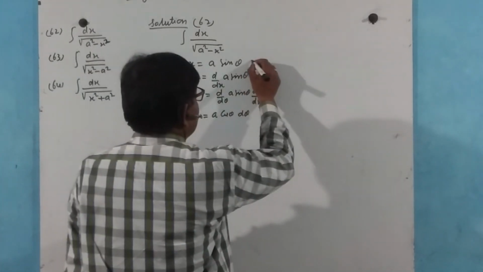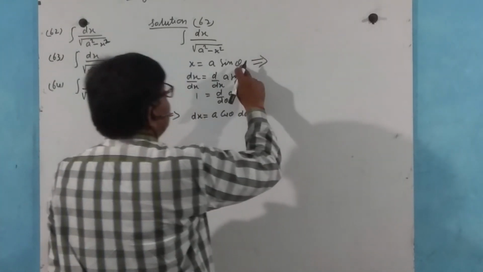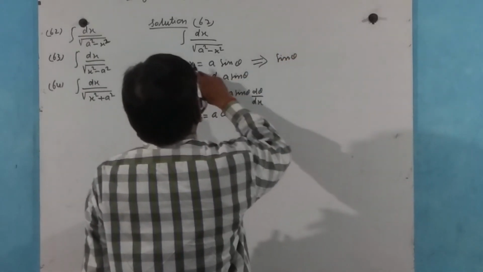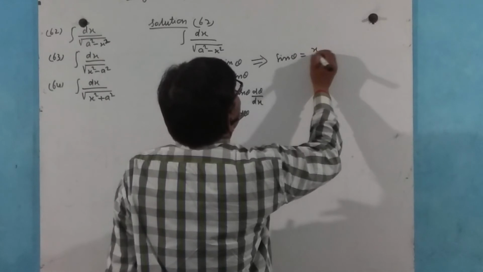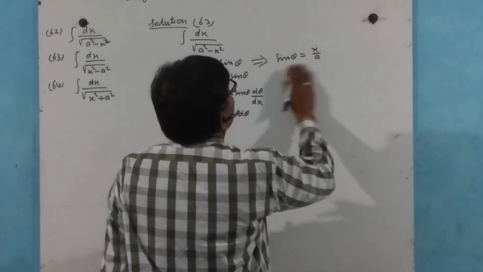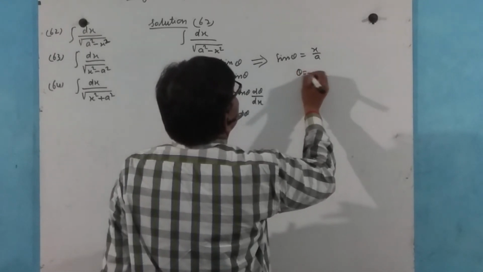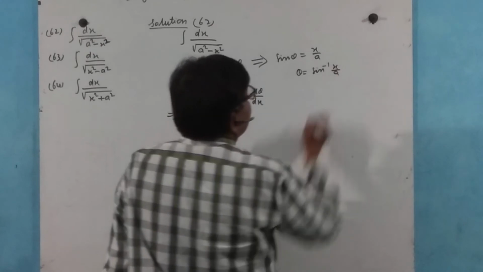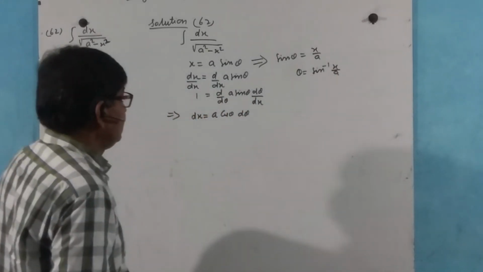And with the help of this, sin theta equal to x by a, so that theta equal to sin inverse x by a, we can write this.